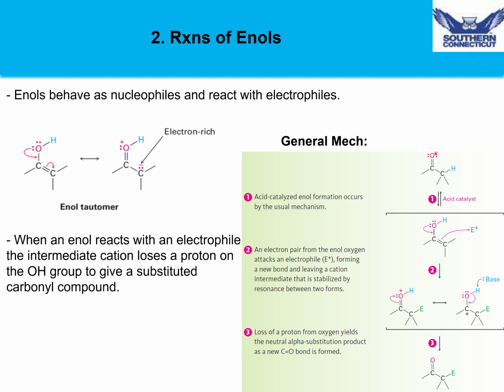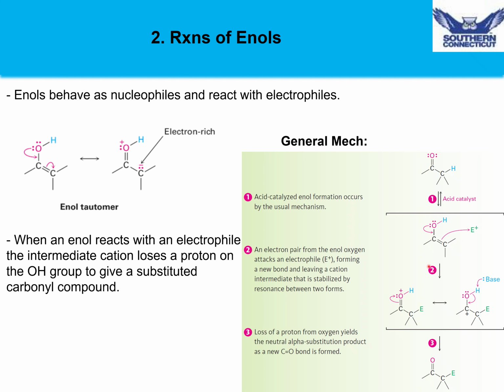If we start off with a ketone or an aldehyde and we add acid catalyst, the carbonyl will be protonated. So the carbonyl will go after a hydrogen from, let's say, HCl to give us this protonated intermediate. And then this enol would attack an electrophile and do a substitution at the alpha carbon.